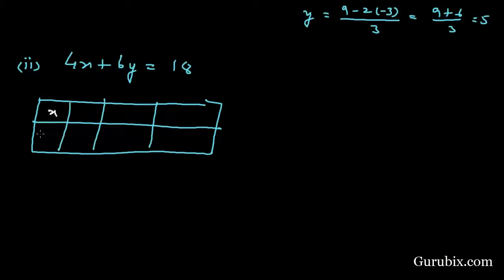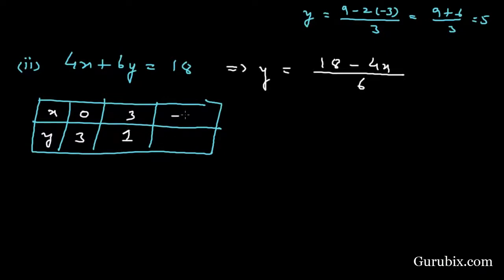Here we have x, here we have y, and y will be equal to (18 minus 4x) over 6. If we take x equals 0, then y equals 3. Similarly, if we take x equals 3, then y equals 1. If we take x equals minus 3, then we have y equals 5.